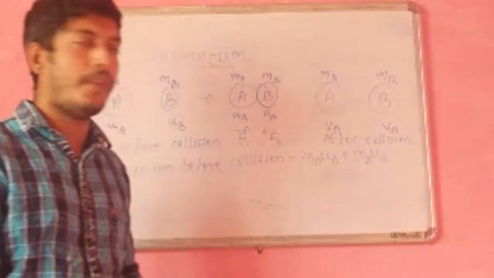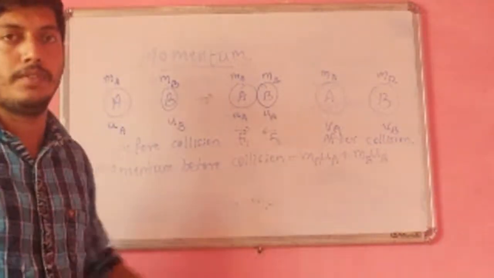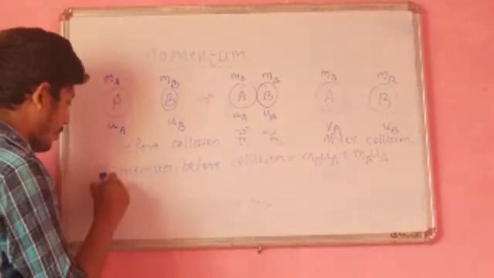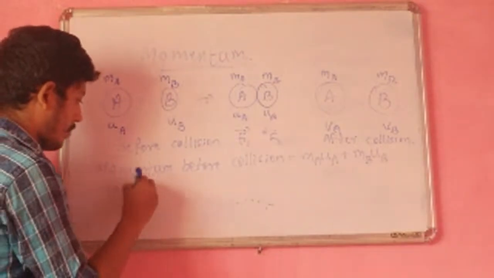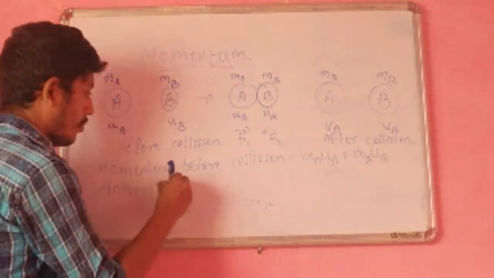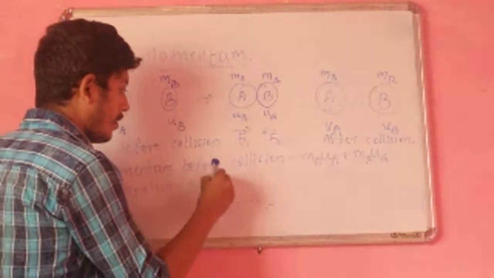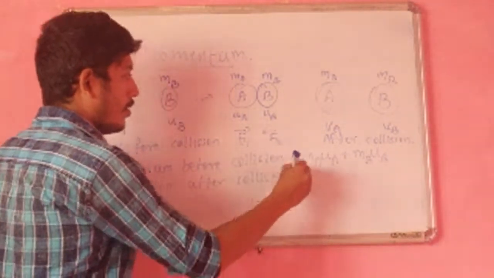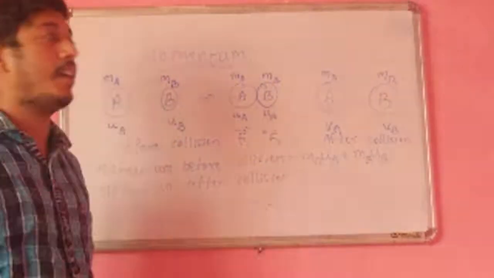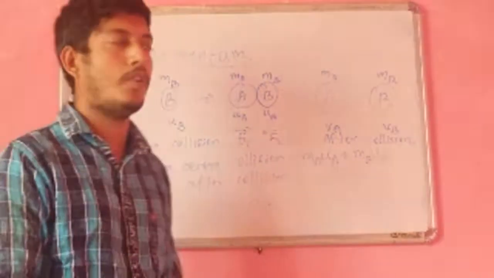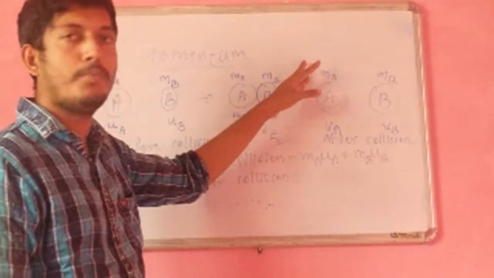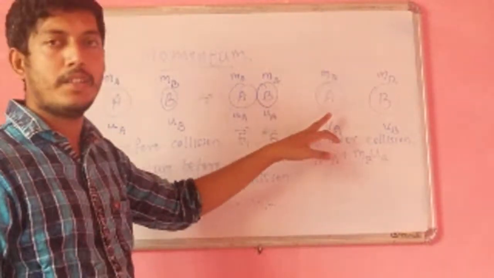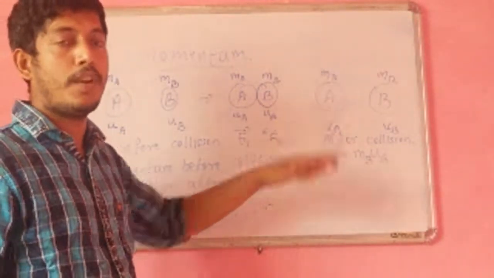Now we have to find the momentum after the collision. Again we have the same two objects, the mass of one object is mA and the mass of the other is mB.